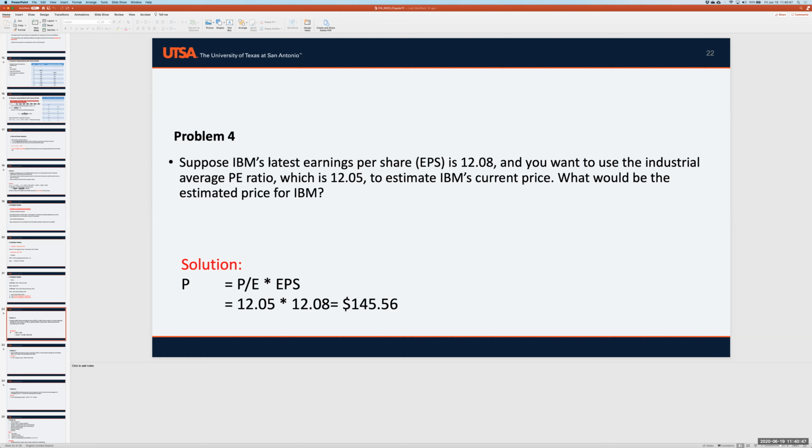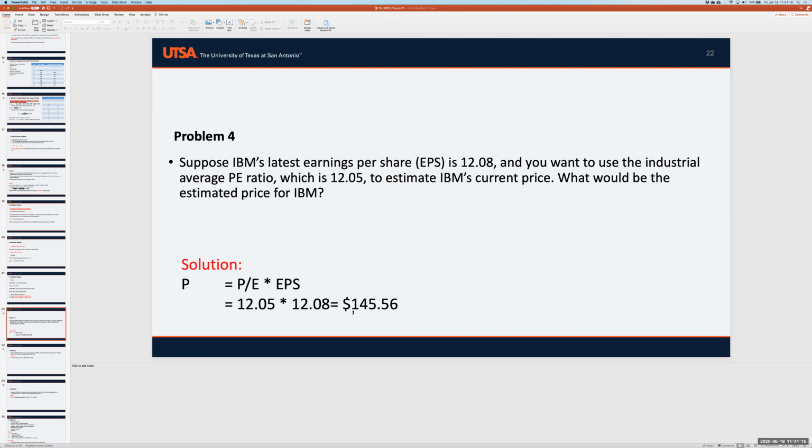It's already given. But even if it's not given, you can find it from the income statement, from the net income, for the calculation of earnings per share. Anyway, you know the earnings per share, 12.08, and you just multiply the earnings per share for a specific company with the industrial average PE ratio, and you will find 145.56 for the company.